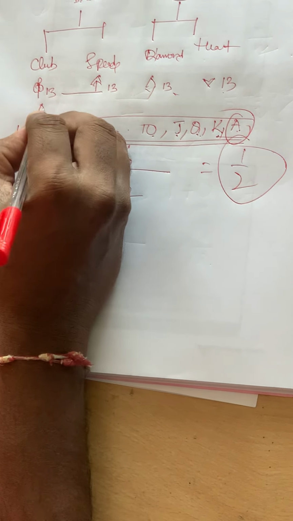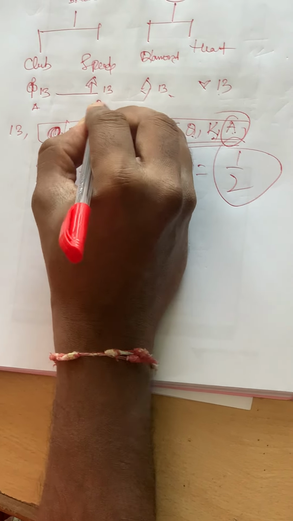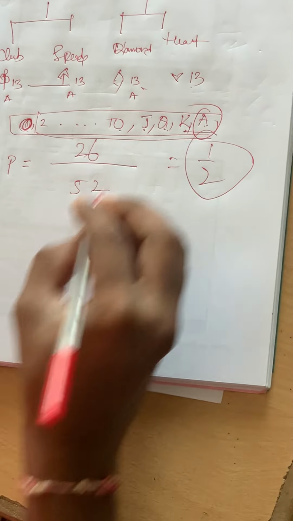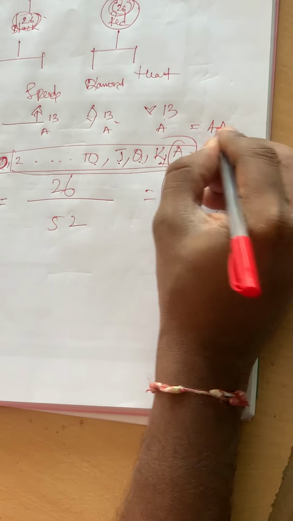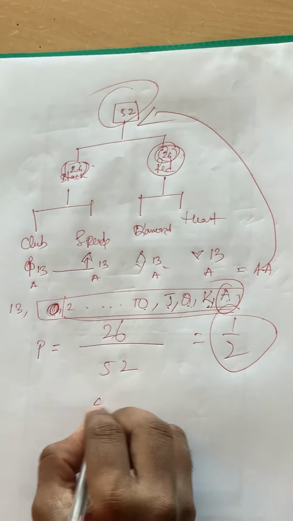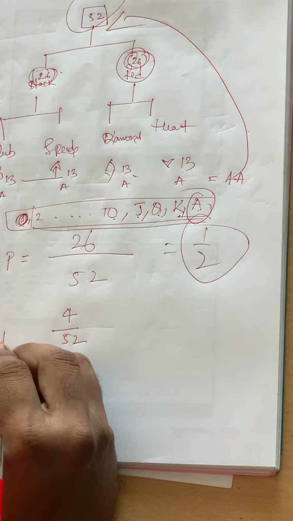In each suit there is 1 ace: spade 1, diamond 1, club 1, heart 1. The total number of aces is 4 out of 52, so 4 by 52.